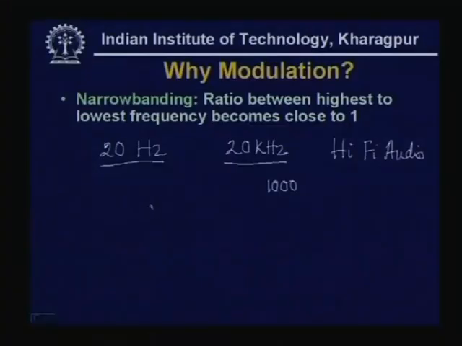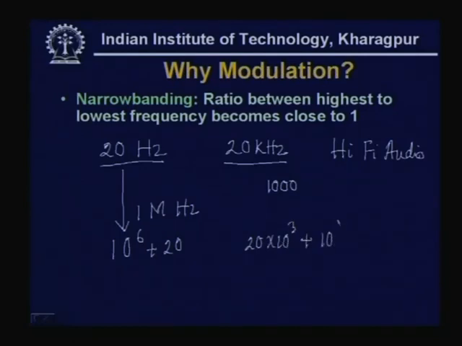Now, suppose you modulate it using a 1 megahertz signal, the carrier frequency is 1 megahertz. Now, this frequency is translated to 1 megahertz, that is 10 to the power 6 plus 20 hertz, and this one becomes 20 into 10 to the power 3 plus 10 to the power 6 hertz.